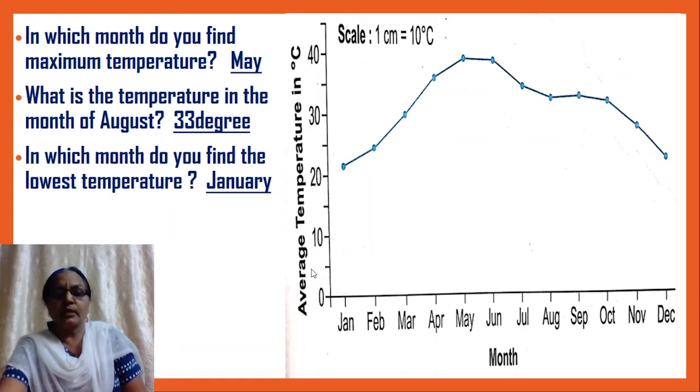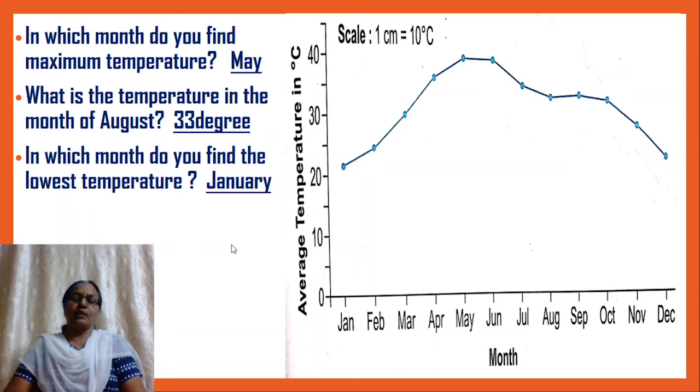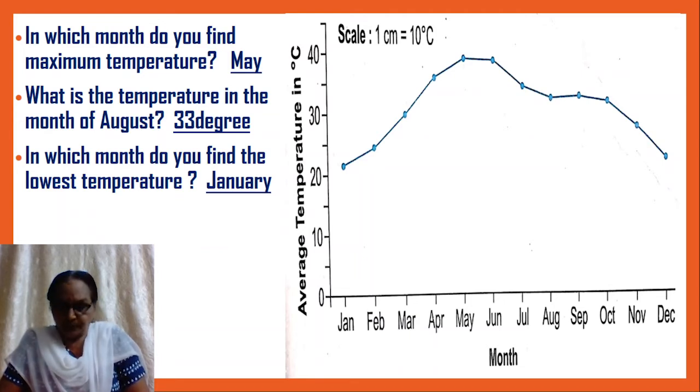Now the scale is 1 centimeter is equal to 10 degrees, which means you have to write the temperature at regular intervals. So if this is the first one, 1 centimeter is 10, the next 1 centimeter will be equal to 20 and the next will be equal to 30 and so on.